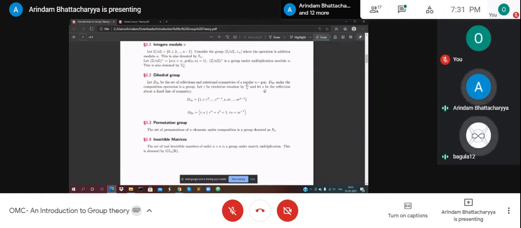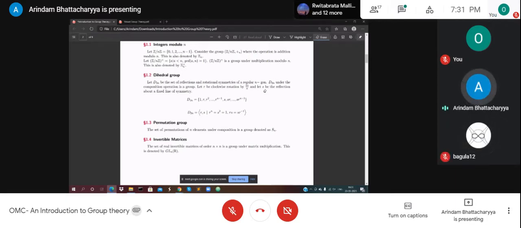If we exclude zero, that is the non-zero group, then it is a group. But if we include zero, then one is the identity and zero is an extra element. So that does not qualify as a group. Am I right? Yes. Okay.